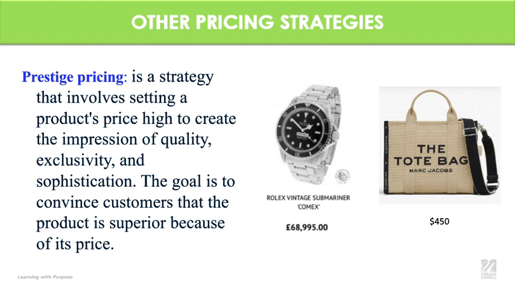from Marc Jacobs. So we know that they didn't spend a lot of money creating these products. Like probably they didn't spend $65K creating that Rolex. But they are making a lot of profit because people want to pay for exclusivity. Same with the purse that we're seeing here. Like, I think last time I checked, the amount of money they spent on producing this purse was $38.